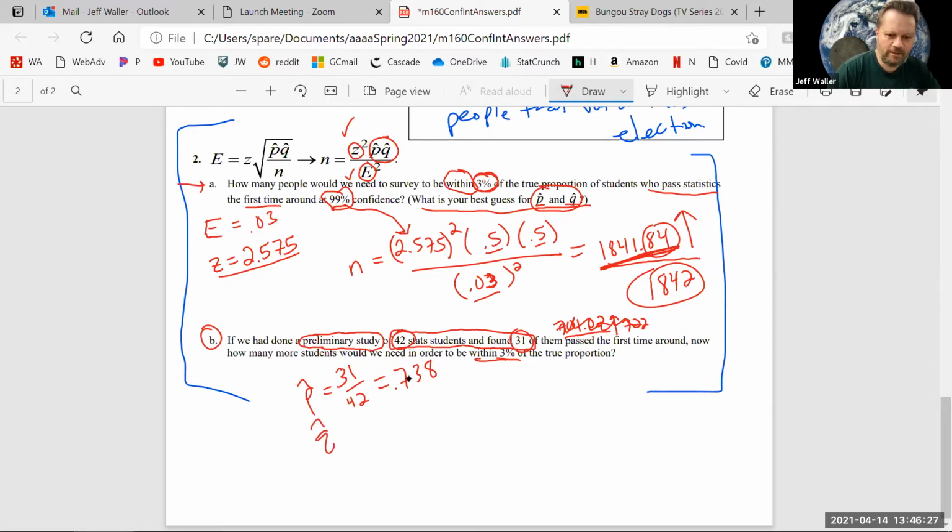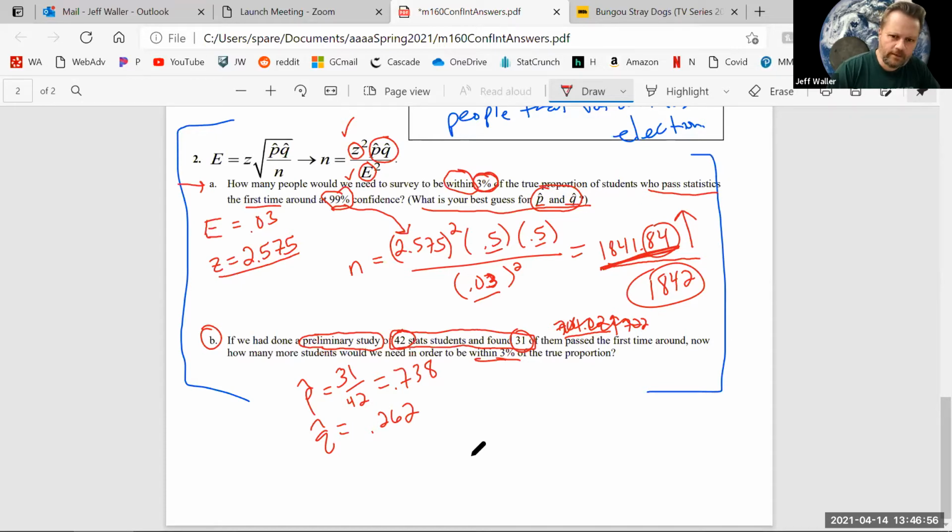And what's Q hat then if that's 0.738? I got 0.262. Okay, sure.